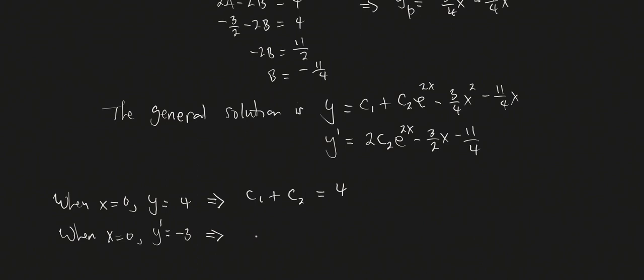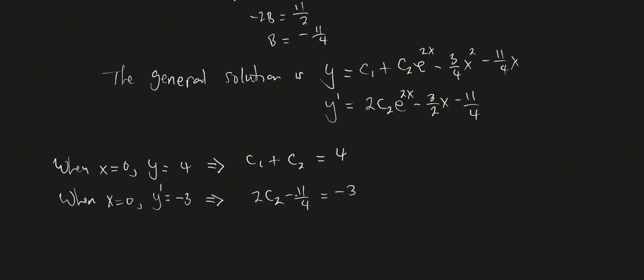So I have 2C2 times 1, so 2C2 minus 0 when I plug x equals 0 here, and then minus 11 fourths. That has to be equal to negative 3.